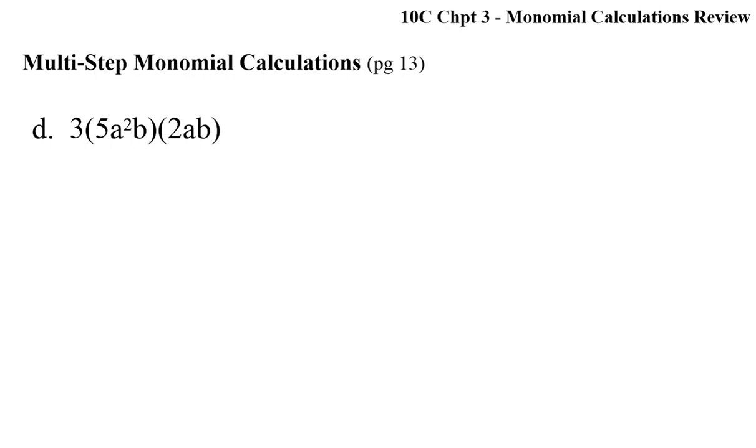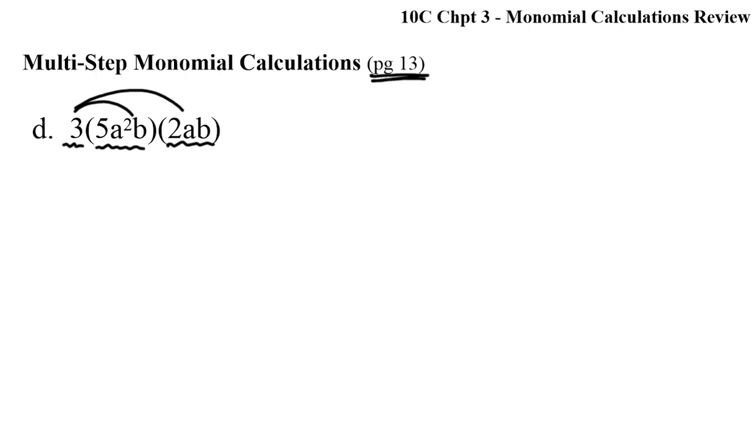So sometimes, if we go to page 13, a practice page, sometimes there's more than just a monomial and a monomial. Here, we have to be careful because we have 3 monomials all being multiplied. I often get students that want to do distributive multiplication.